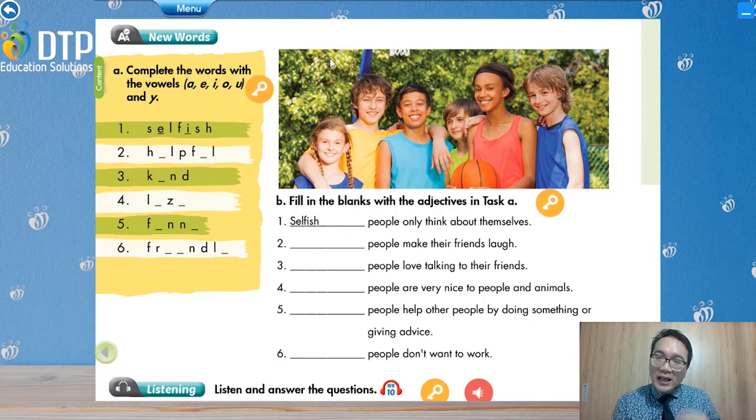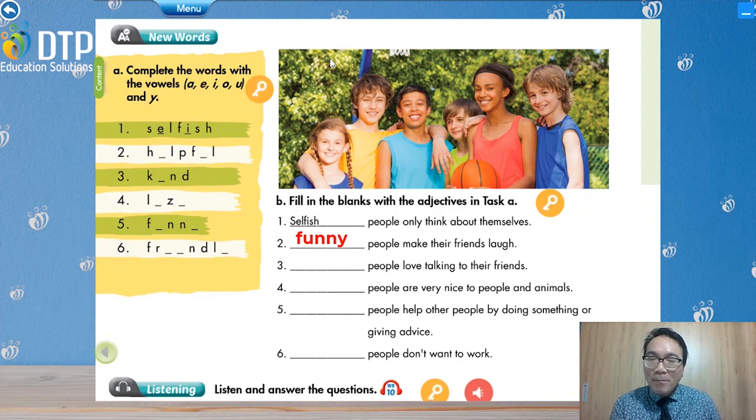Fill in the blanks with the adjectives in task A to describe a person's characteristics. For example, number 1, people only think about themselves, so they are selfish. How about number 2? People make their friends laugh. Ha ha ha ha. So, how are they? Yes, funny.